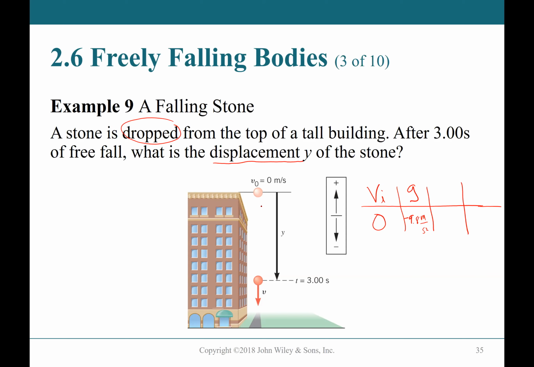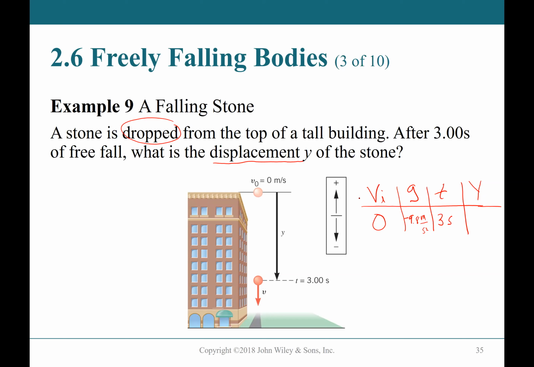Okay, here we are. Now, after 3 seconds, that means my time is 3 seconds. And it says, what is my value for y? In other words, what is my displacement? So remember in our strategy, we said if I have 3 of the 5 things given, there's an equation.